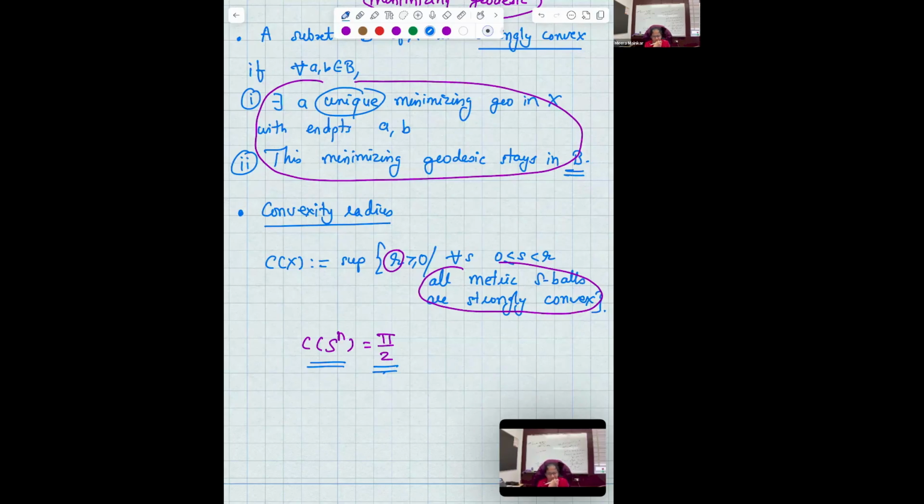For all the other spaces we are considering, like En, the convexity radius is just infinity.